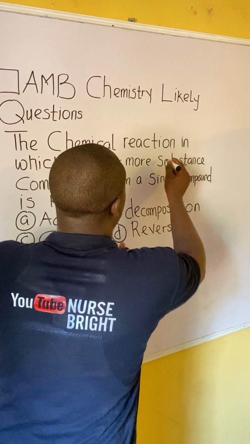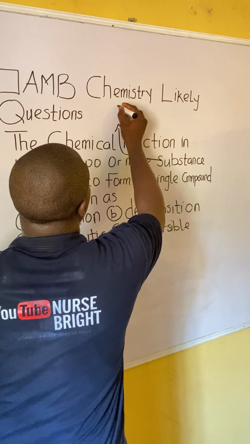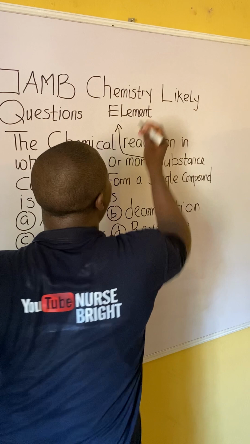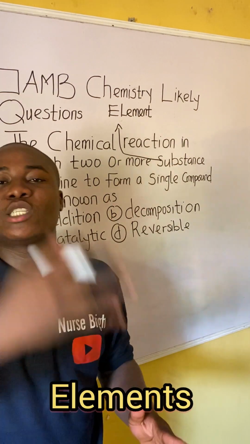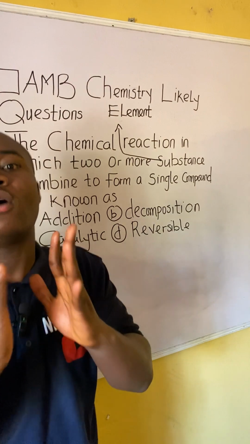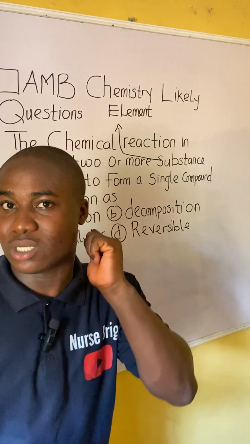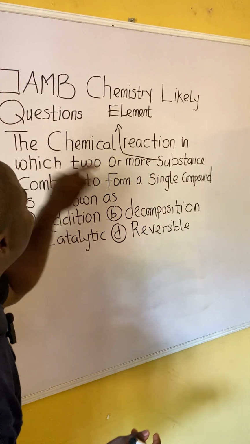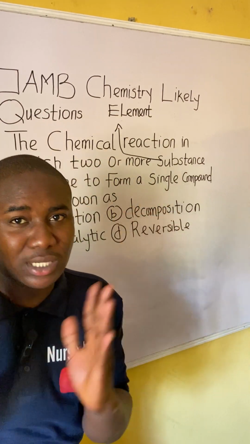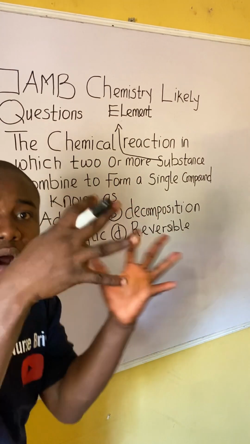This word substance can also be used interchangeably for elements, because substance can be either elements or compounds. So based on this question, I'll be calling substances elements. So the chemical reaction in which two or more elements combine.